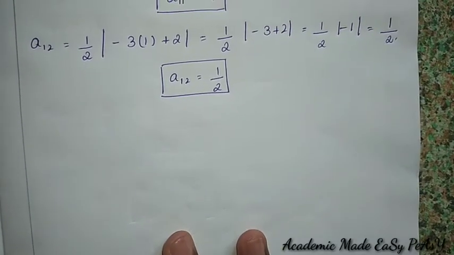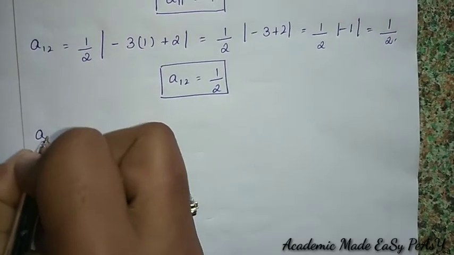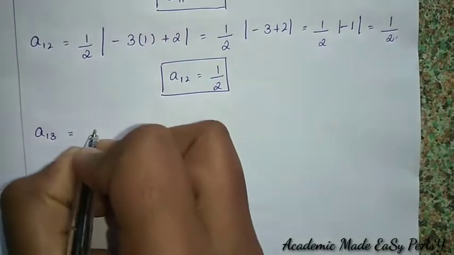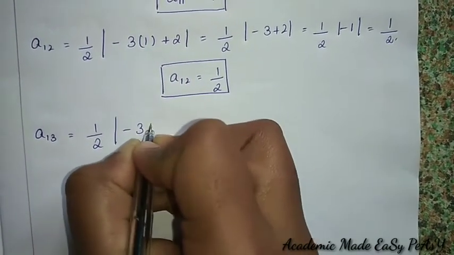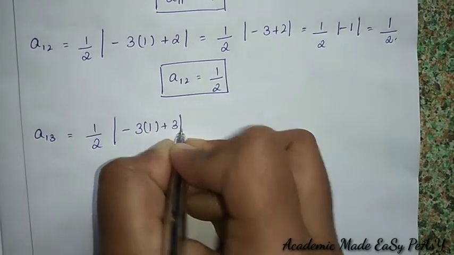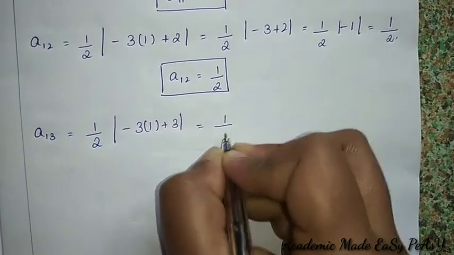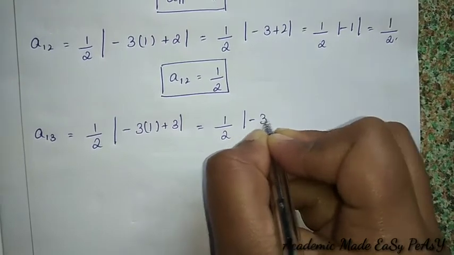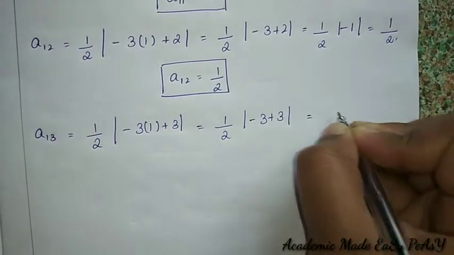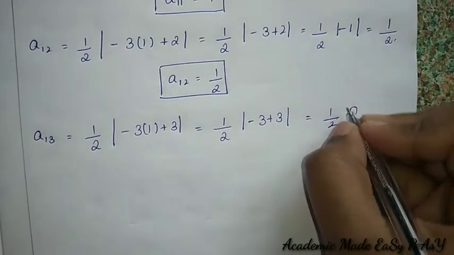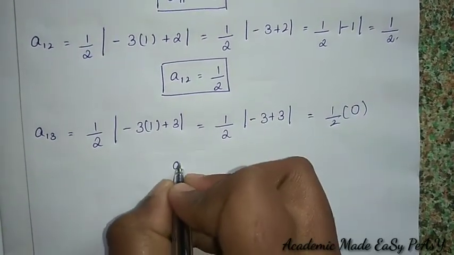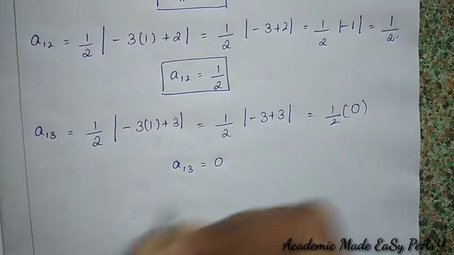Next, I will move on to A13. So A13 is equal to 1 by 2 mod of minus 3 into 1 plus 3, which is 1 by 2 mod of minus 3 plus 3, which is 1 by 2 into 0. So here A13 is equal to 0.